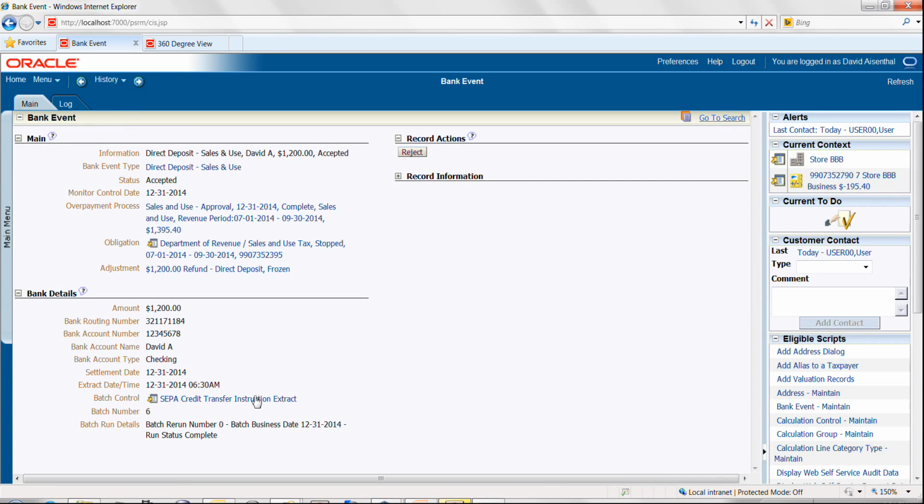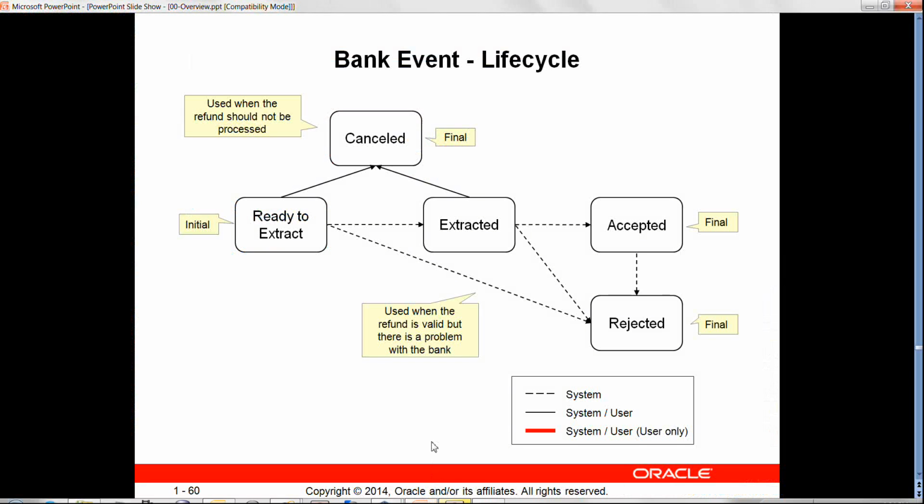Accepted. It's been accepted by the bank, and we've moved the bank event from ready to extract, created the extract file, extracted the information, and it has been accepted by the bank.